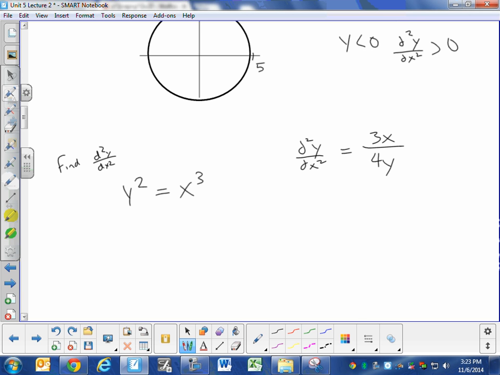I want you to at least try that, and if you want the challenge, just keep going. Everybody should at least find the second derivative using x's and y's.